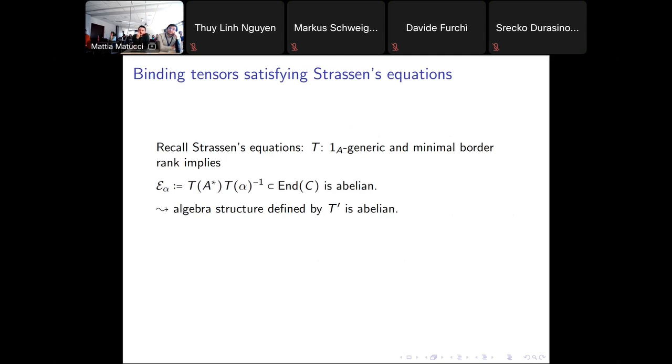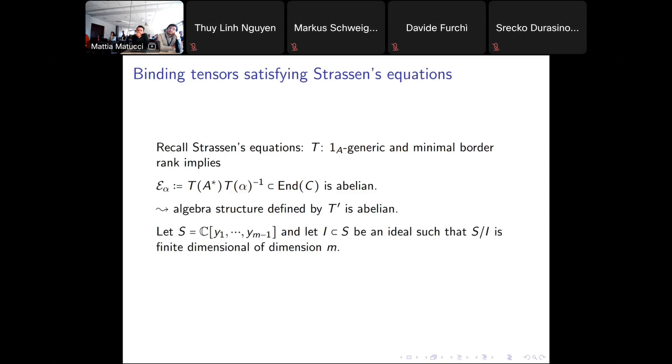So if we insist that our tensor has the mild genericity condition of being binding and satisfies Strassen's equations, then the algebra structure we get is abelian and associative. So it's a nice algebra.